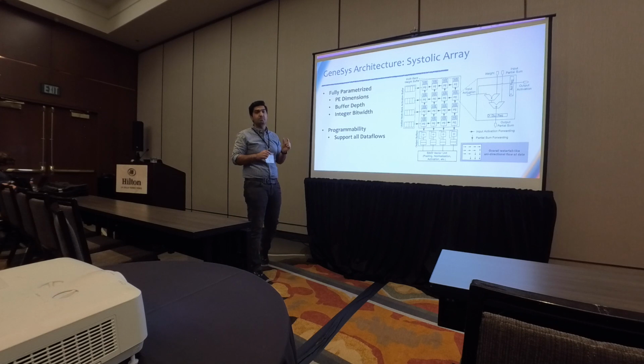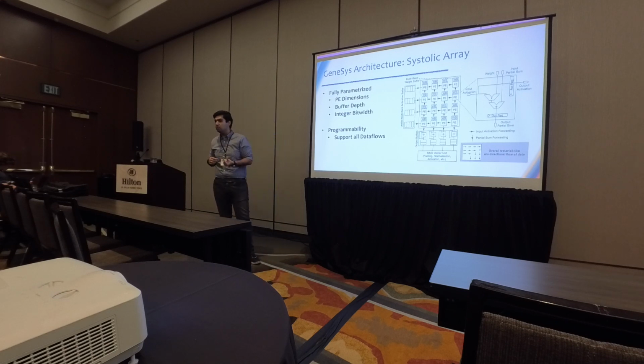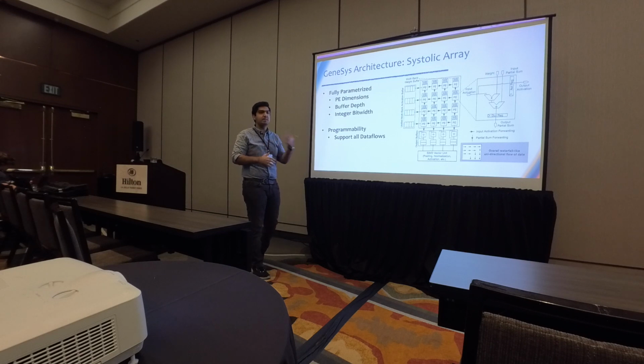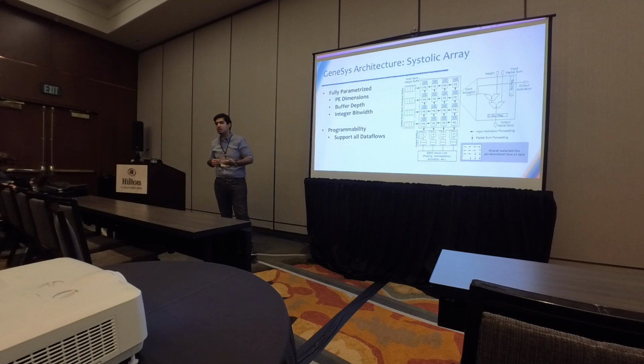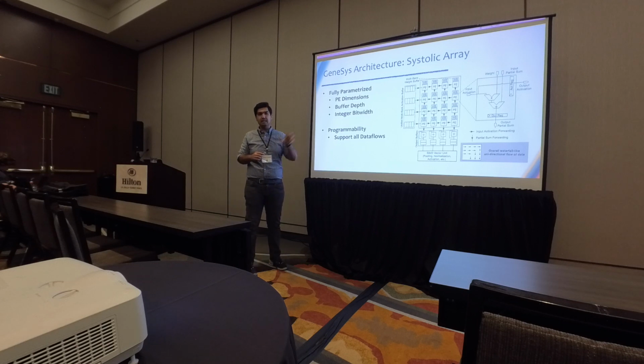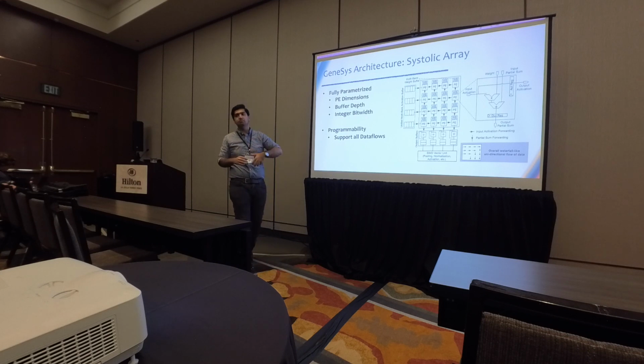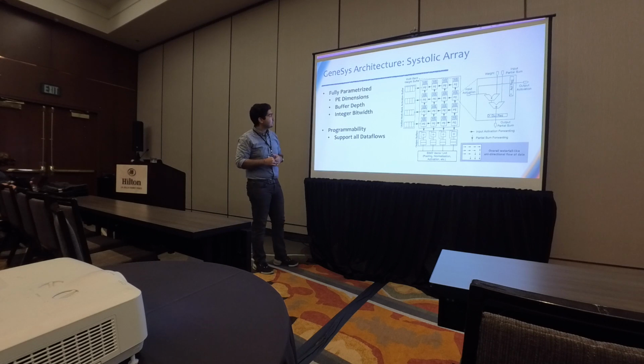The bit width of the processing elements is also programmable and parameterizable. You can design them to do 8-bit by 8-bit integer operations or 16-bit integer operations. I think the current implementation supports integer, but the design can be extended if you want to enable brain floating point or any other sort of floating point operations.